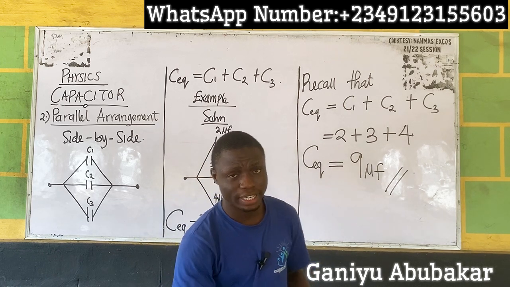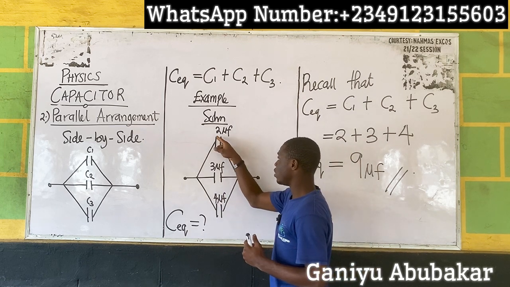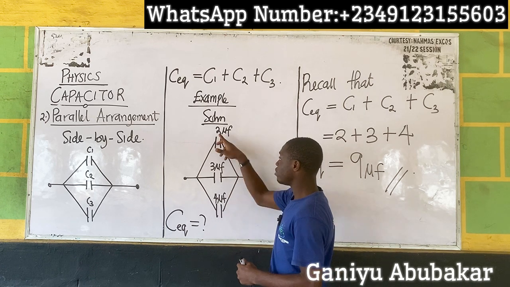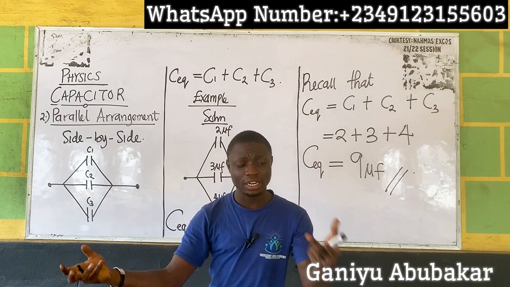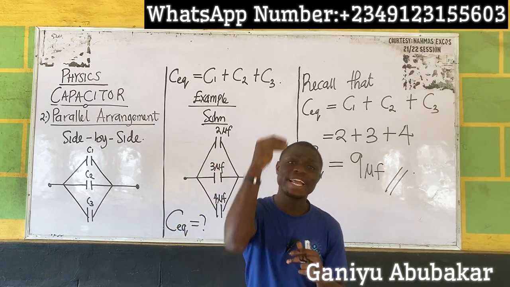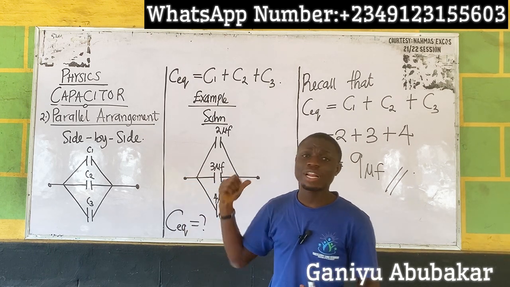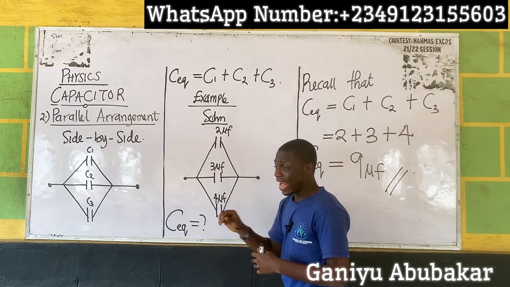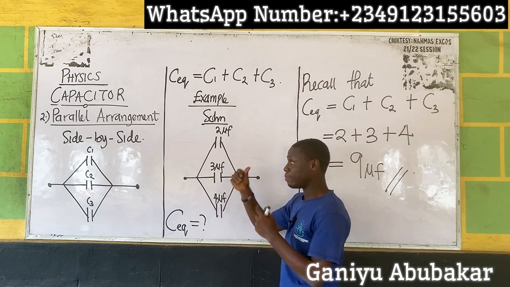So what do I mean by what I said earlier? If you observe the example I used for series, it was the same values 2, 3, 4, and for parallel I used the same values 2, 3, 4. So if I'm given the same values to be used, which one will give you a maximum value? When I used 2, 3, 4 for series, I had 12 over 13, that's about 0 point something as my answer.